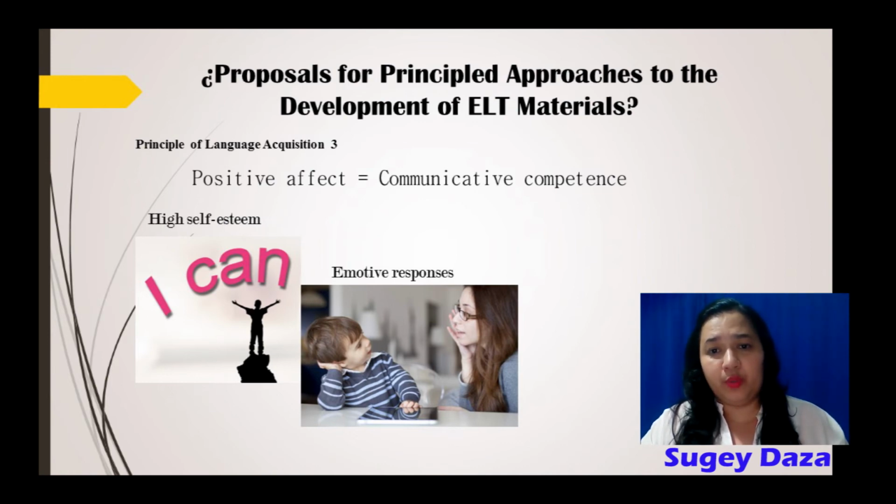The material should propose achievable challenges which reinforce self-esteem and stimulate emotional responses through the use of music, songs, literature, using controversial and provocative texts which encourage personalization and where they can express their emotion before doing any analysis.